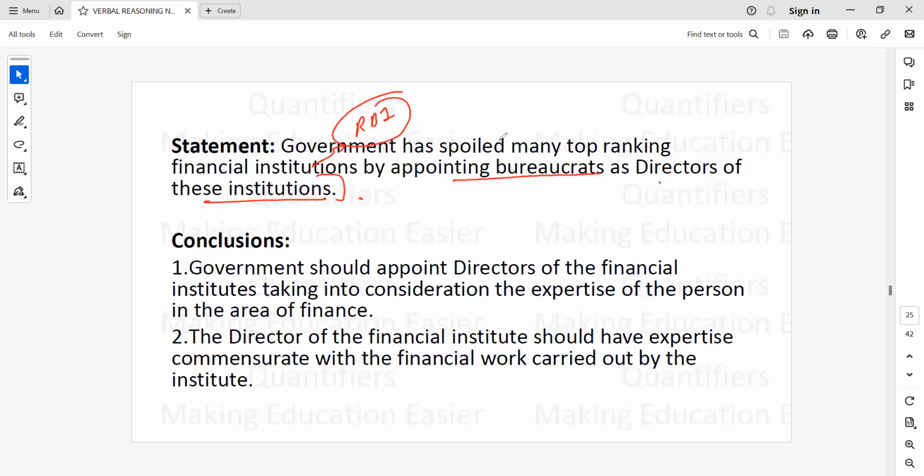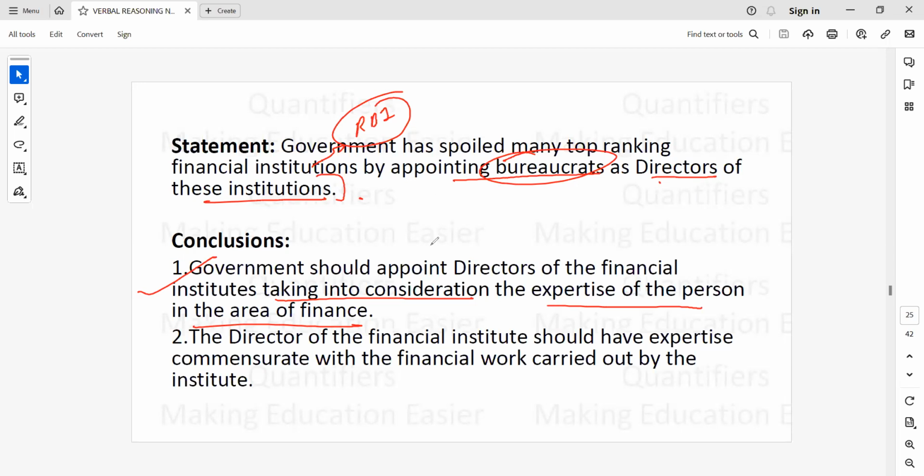So government has spoiled many top-ranking financial institutions by appointing bureaucrats as directors of these institutions. So what can be logically derived? Perhaps there is a problem that it has spoiled many top-ranking financial institutions by appointing bureaucrats as directors.